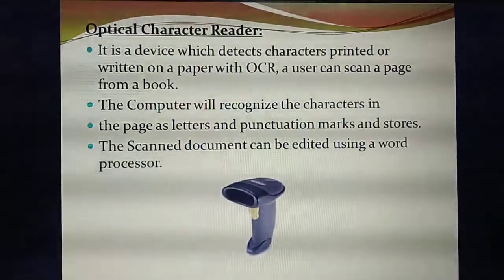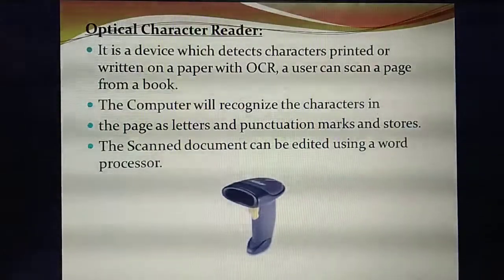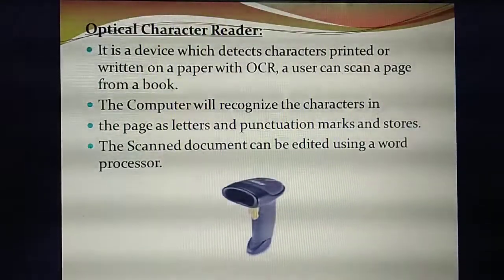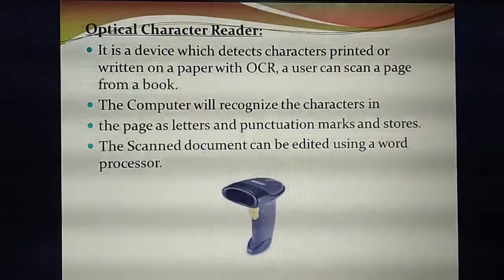It scans letters, symbols, punctuation marks, everything, and stores it in memory. If you need to edit the document, you can open it on the computer and edit it using a word processor.